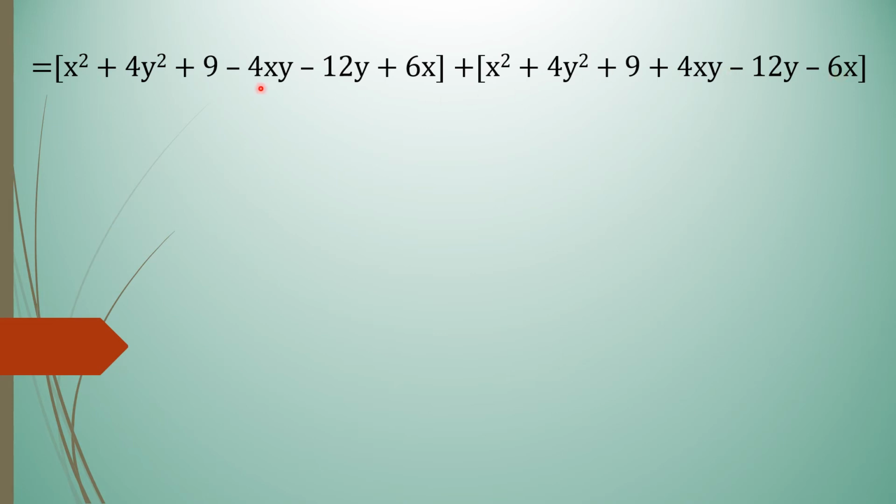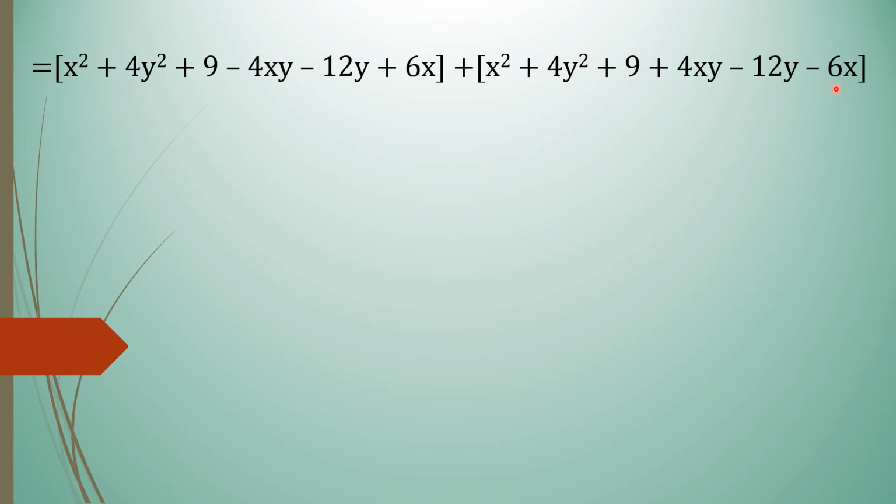Now our next step is to remove this bracket. While removing the bracket, the terms in the first part will come as they are with the same sign. Here it is plus, students, so in the next part also no sign change will take place in the terms. They will also come as they are with the same sign.